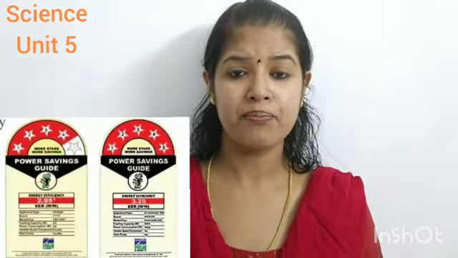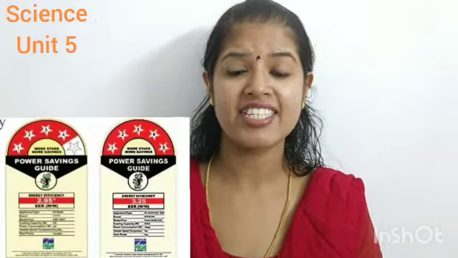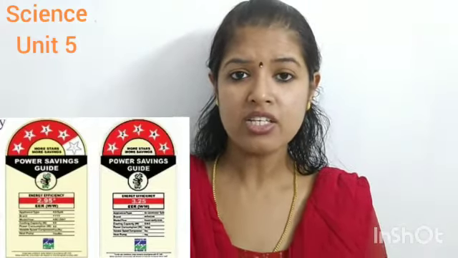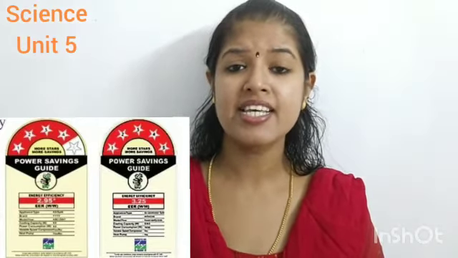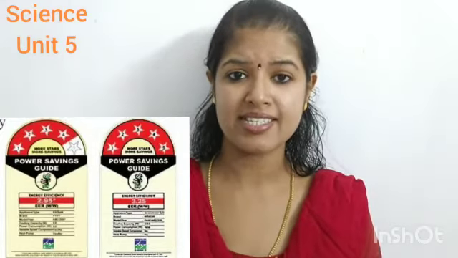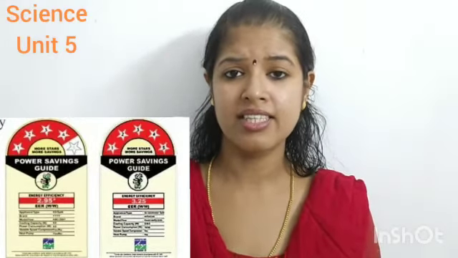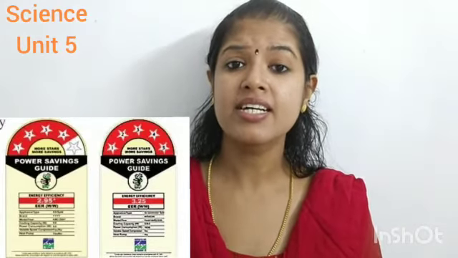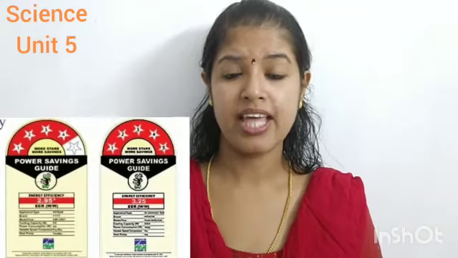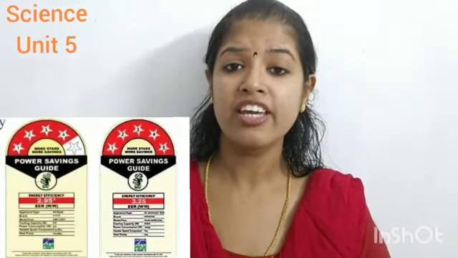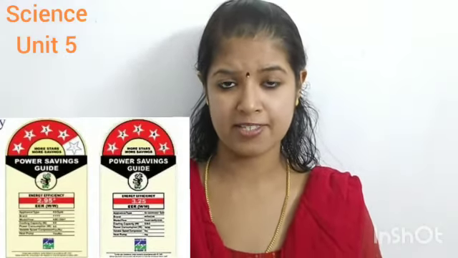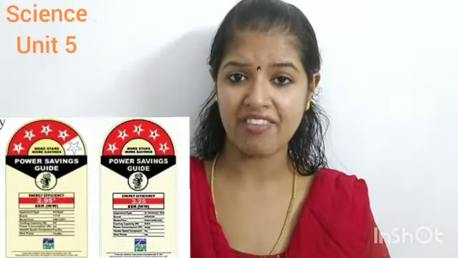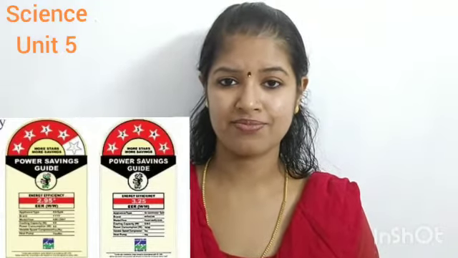You can see this picture on some electrical appliances like AC and TV. Use such appliances which have more stars. Why do we have to use them? Because a lot of energy is saved there. The energy consumption is very low if it has a lot of stars. That is why we have to use electrical appliances having more stars.